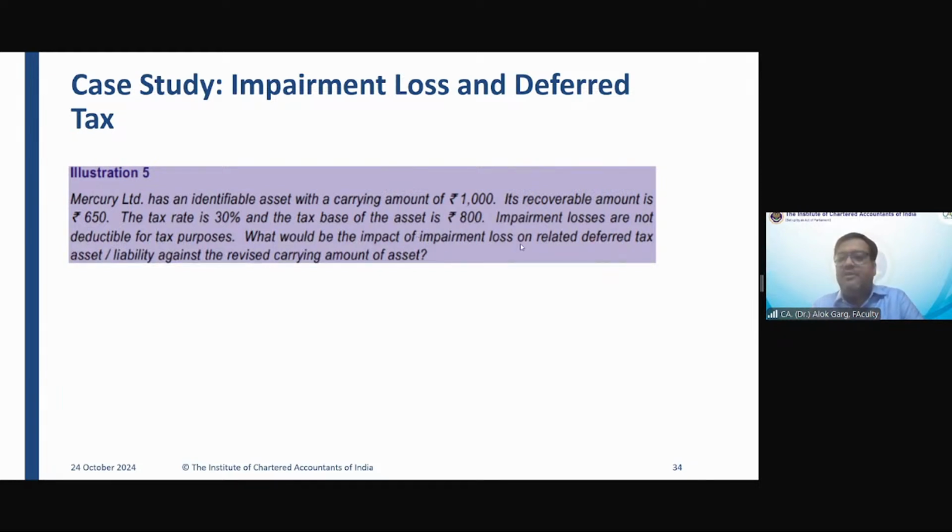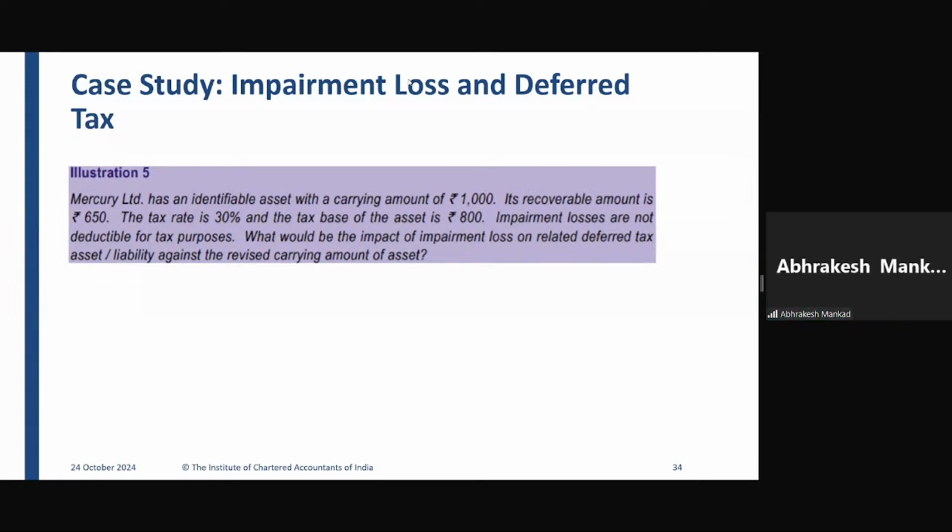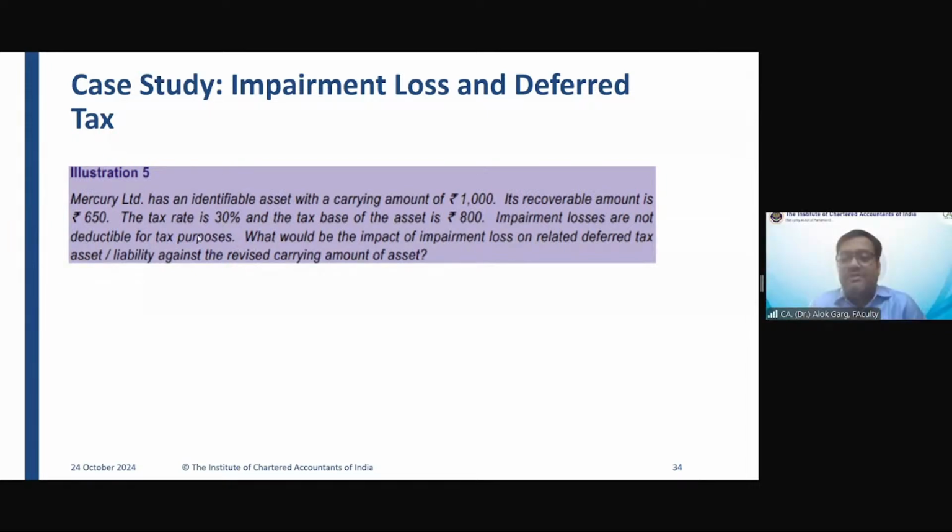What would be the impact of impairment loss on the deferred tax asset or liability against the revised carrying amount of asset? Quickly tell me. Compare the carrying value of books and carrying value of tax. What is my carrying value in books? 650.